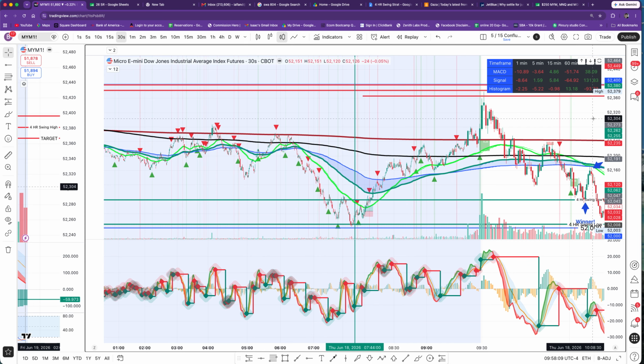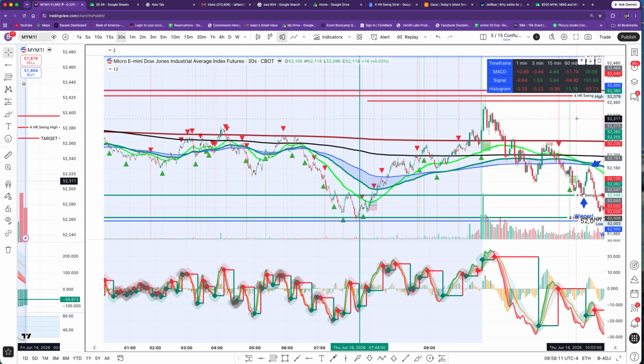Now on the Dow, just so you know, every point's worth 50 cents. So 315 points is about $157 per contract.